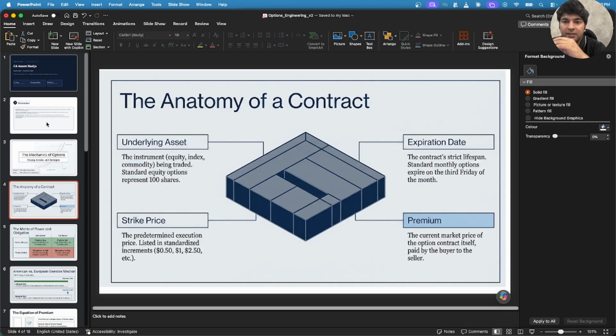Premium is the current market price of the option contract itself, that is paid by the buyer. For example, Nifty is trading at, say, 23,600 right now, which is the current price, and the 23,700 call is trading at, for example, 50 INR.